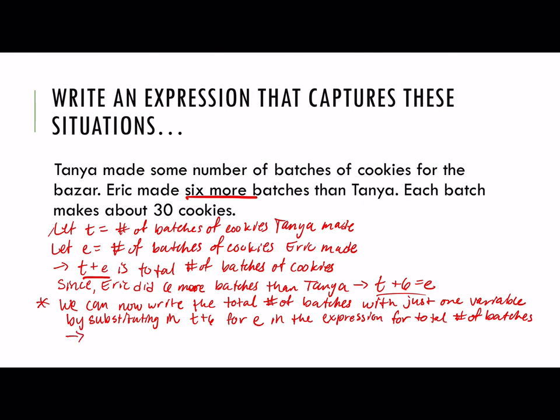Which means we have T plus E is equal to T plus T plus 6, which is equal to 2T plus 6 for the total number of batches.